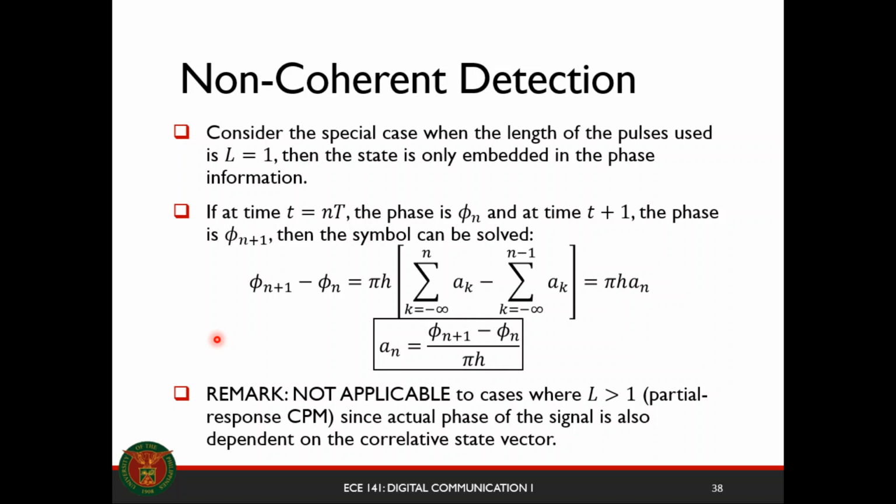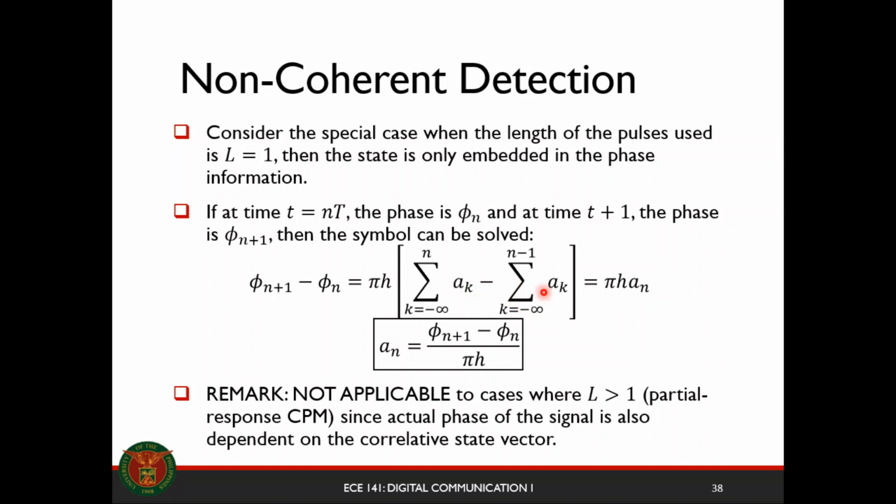A special case of CPM signal, you can use it for a non-coherent detection scheme. This only applies when your memory, or L, is equal to 1, and only the phase state is considered for the state of the system. Quite easily then, you can get the symbol just by getting the phases of your next state and your current state, take the difference, and that is equal to pi h multiplied by the accumulation of the n previous inputs minus the accumulation of the previous n minus 1 inputs.